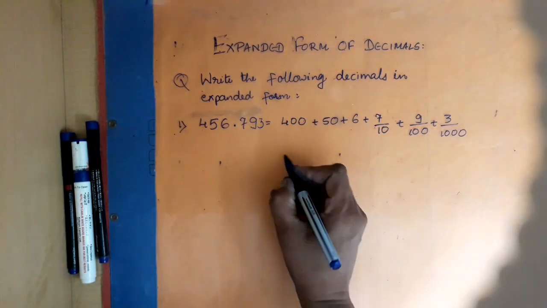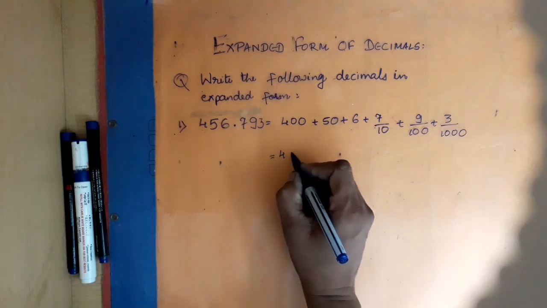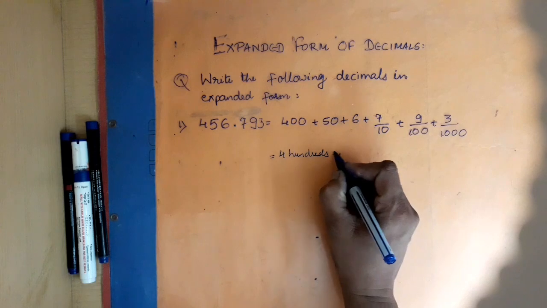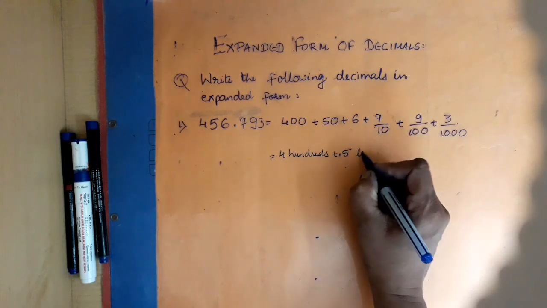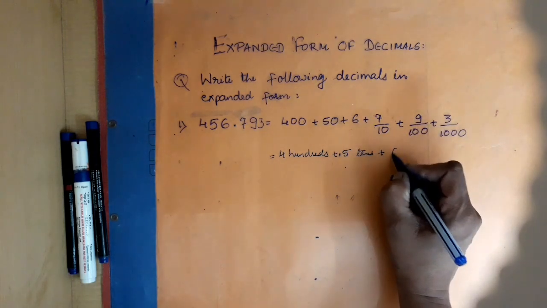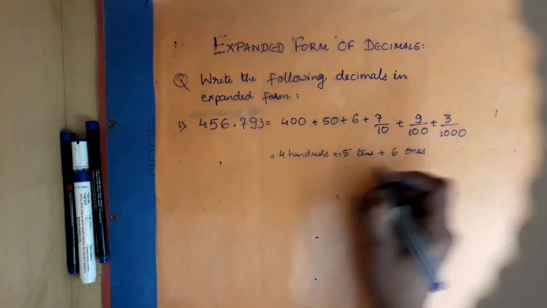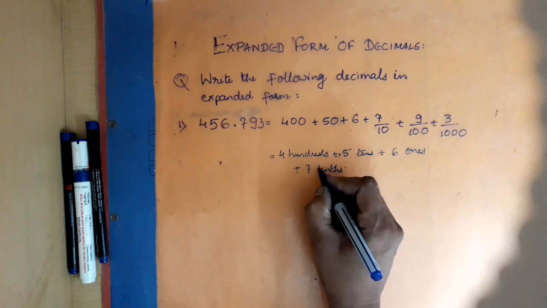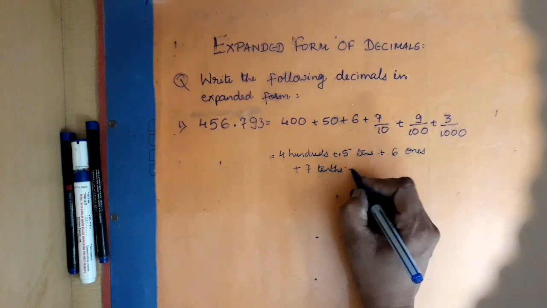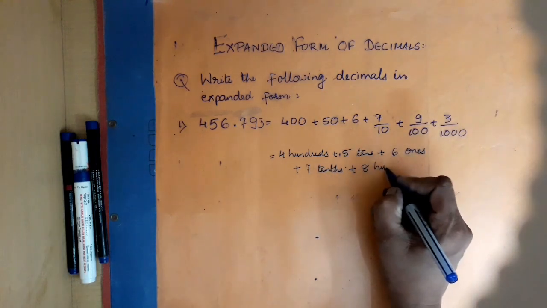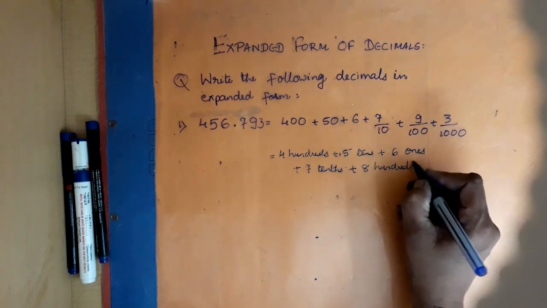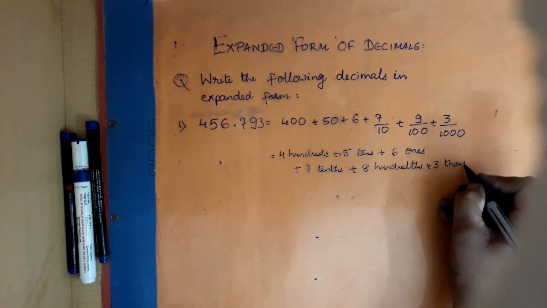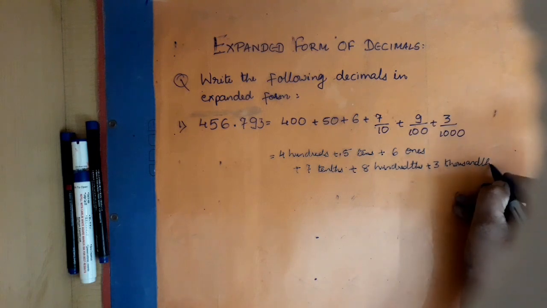Now the same thing you can write as 4 hundreds plus 5 tens plus 6 ones plus 7 tenths. Check this spelling also. Plus 9 hundredths plus 3 thousandths. Is it okay?